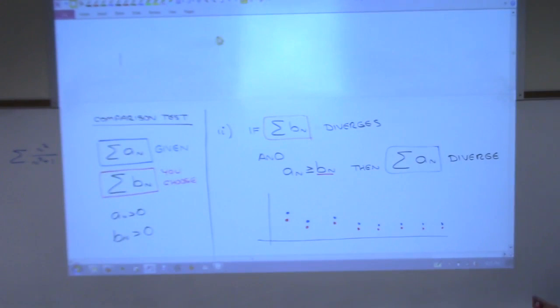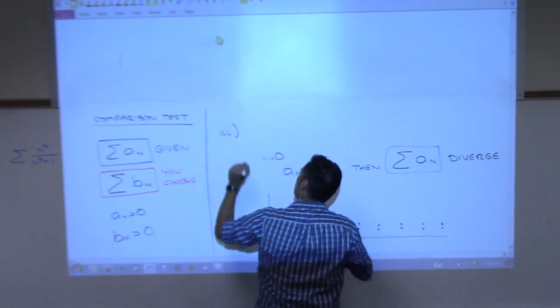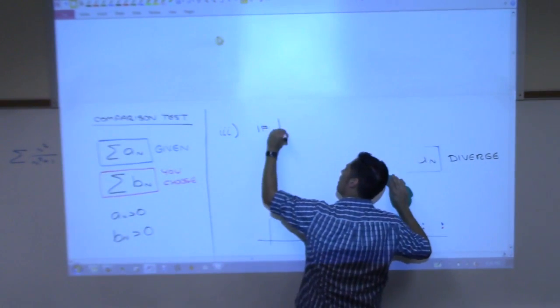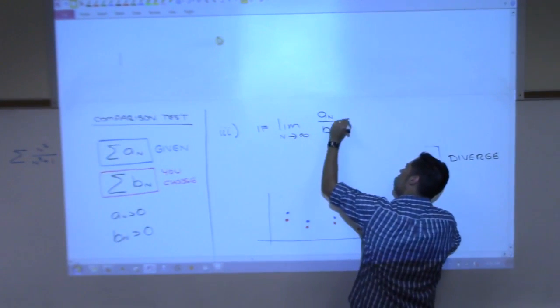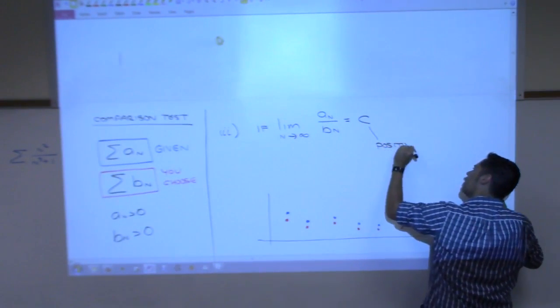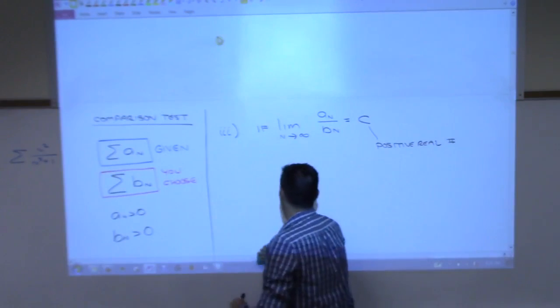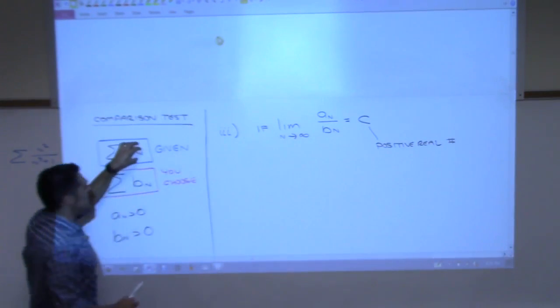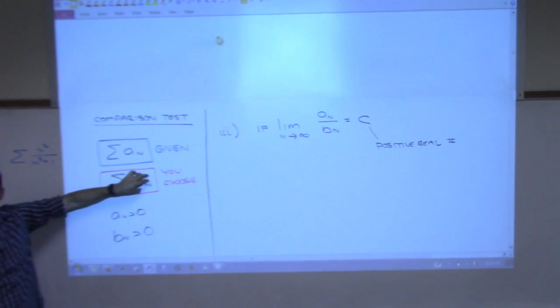Okay. And then part 3, which is a little harder to explain with pictures. You'll just have to kind of take this one a little more on faith. The third one says, if the limit as n goes to infinity of A sub n over B sub n is some constant, and this right here is a positive real number, so what you're doing is you're taking this sequence in the given series, and you're comparing it to the sequence in the one you've chosen.